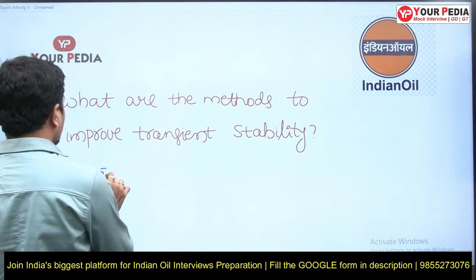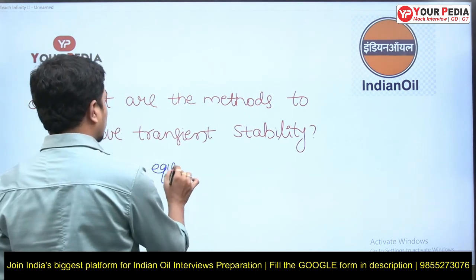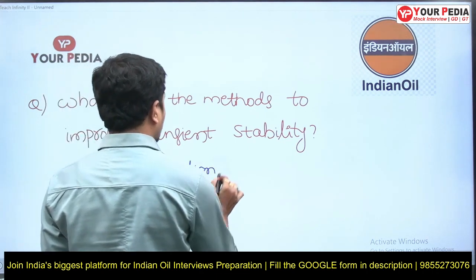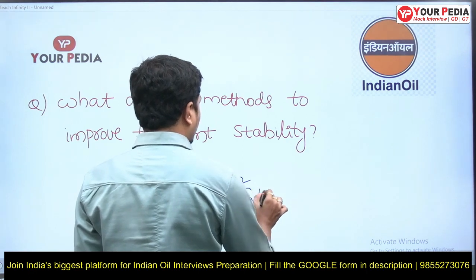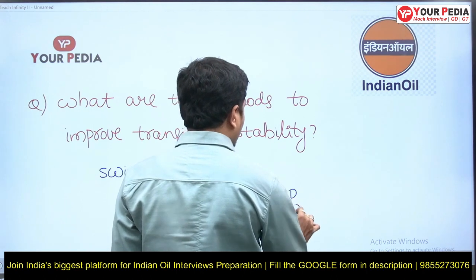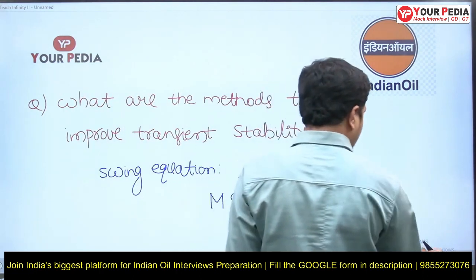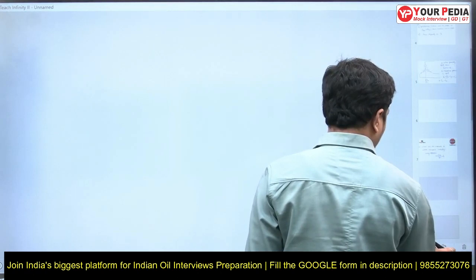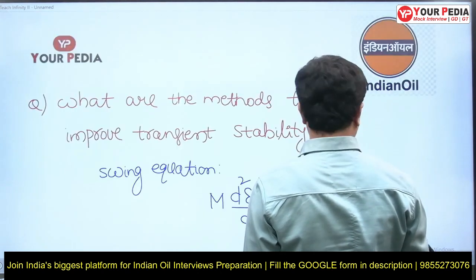What is the swing equation? M into d square delta of t by dt square is equal to Pa, that is the acceleration power. Pa is equal to Ps minus Pe, where Ps is the steam input and Pe is the electric power output.